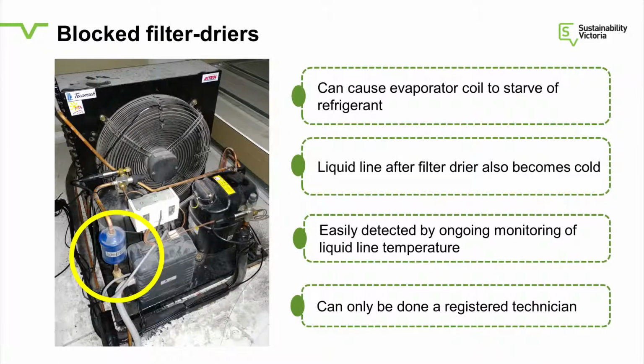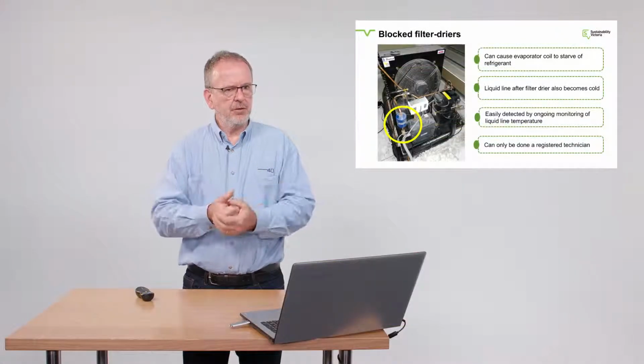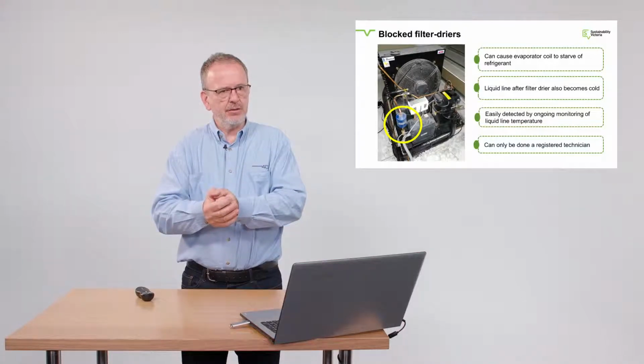Filter dryers, those little units I showed you on that slide in the first presentation, these are used to filter the liquid. Now, there shouldn't be dirt accumulating inside a refrigeration system, but still, when the system is installed, there could be a bit of dirt in your system, and that all gets caught up by the filter dryer.